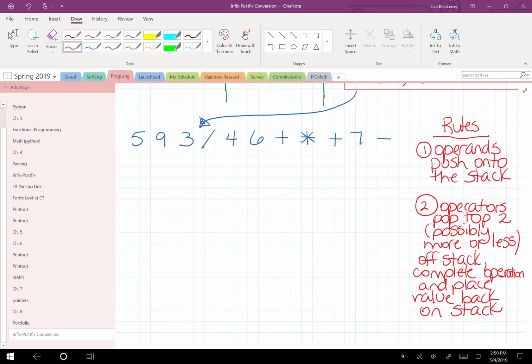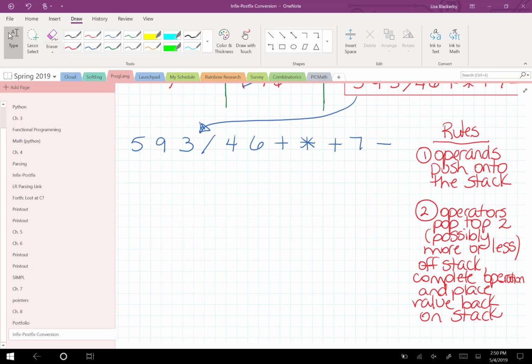The way I do this is a different format a little bit, but basically I'll call this red line my stack. So the first token is a 5, so I'm placing it on the stack. Then a 9, so I've got 5 and 9, and now I have a 5, a 9, and a 3 all on my stack.